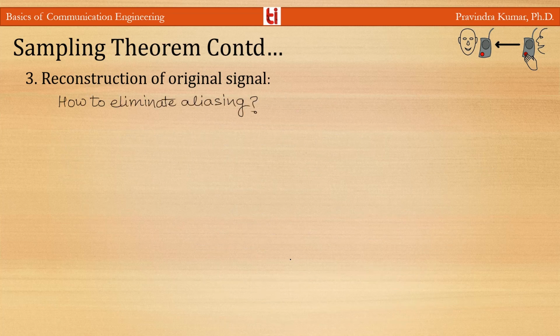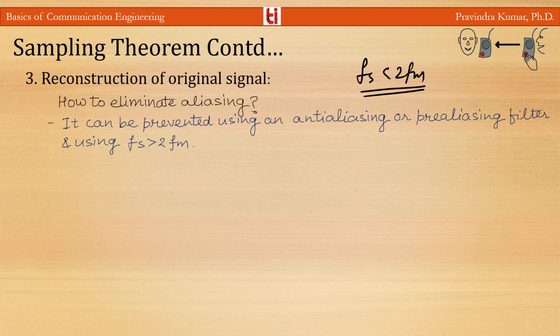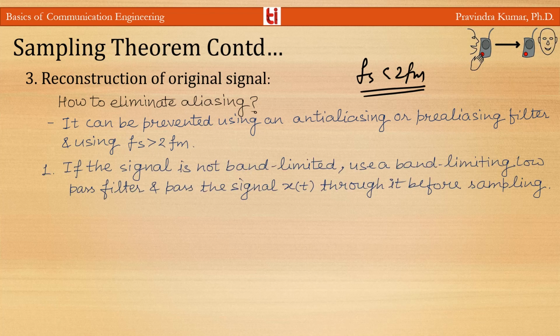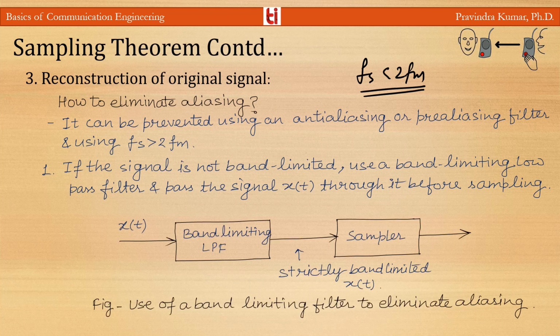Now the question is how to eliminate the aliasing if fs is less than 2fm, or you can say the signal is not band limited. Aliasing can be prevented by using an anti-aliasing or pre-aliasing filter and using a frequency fs greater than 2fm. First point: if the signal is not band limited, use a band limiting low pass filter and pass the signal x(t) through it before sampling.